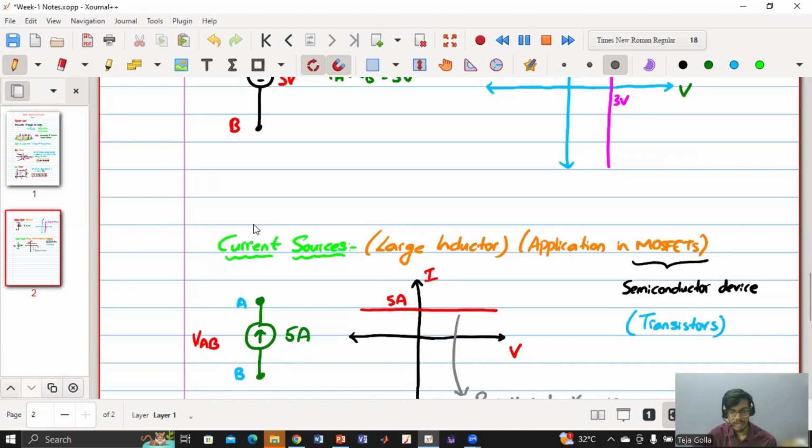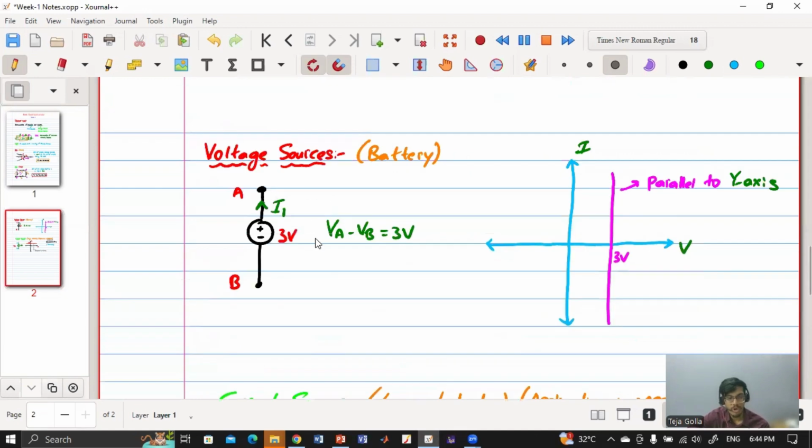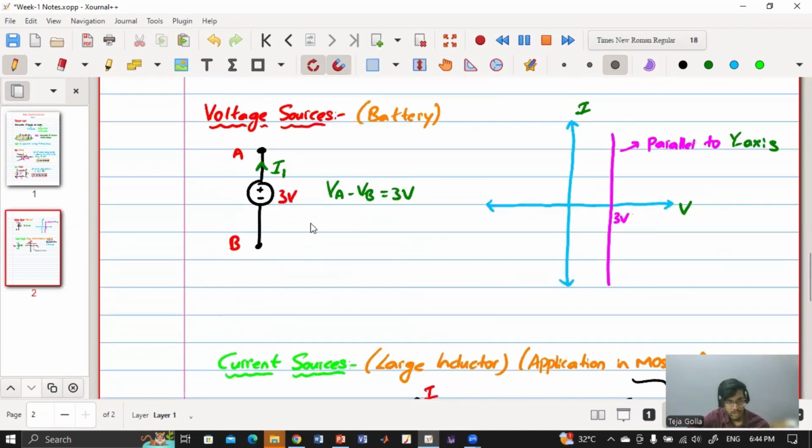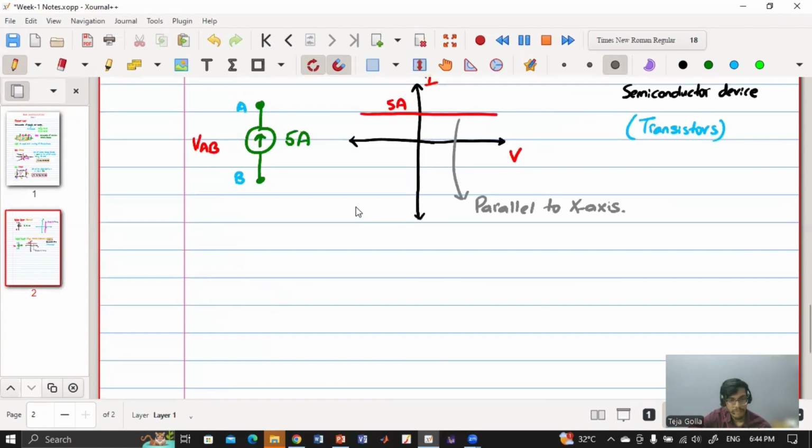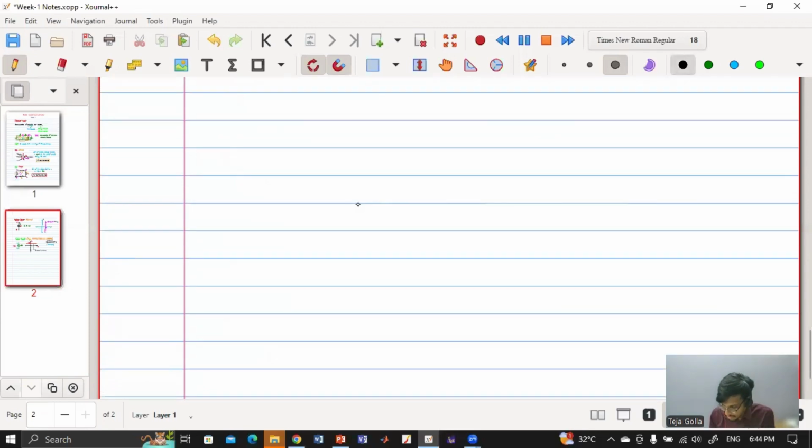And one important thing, a voltage source cannot be short circuited. Why? If you short circuit, basically what you are doing, let me write it here. So this is very important.